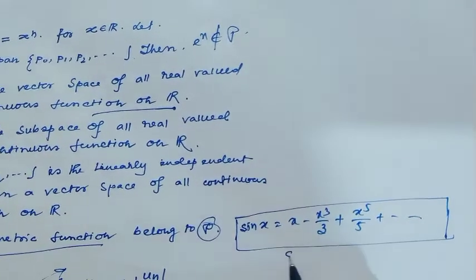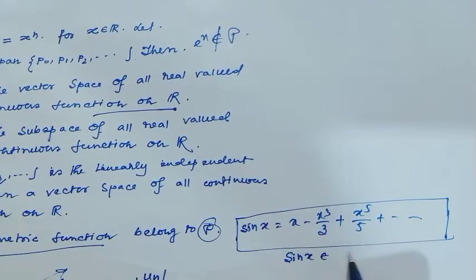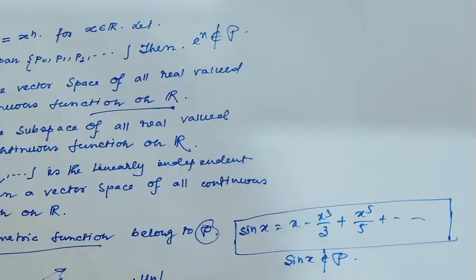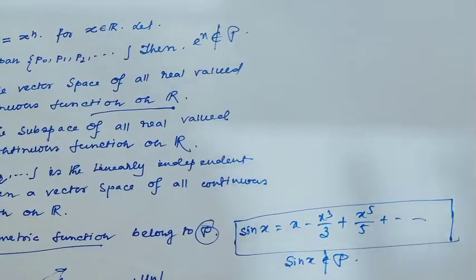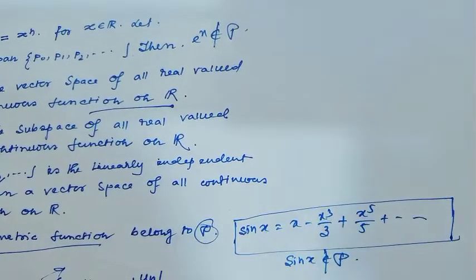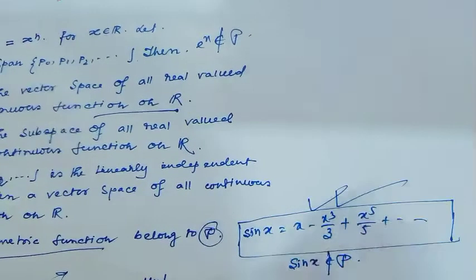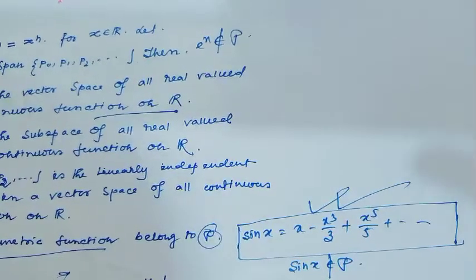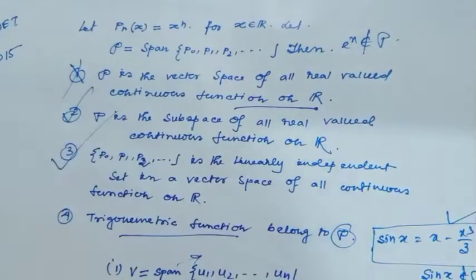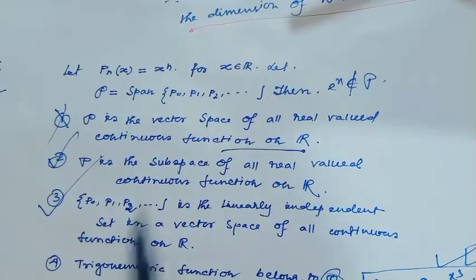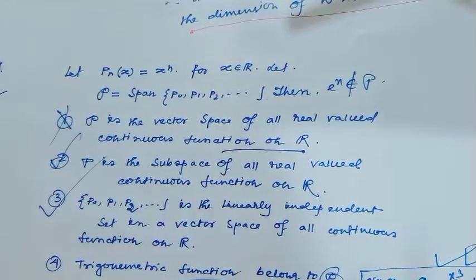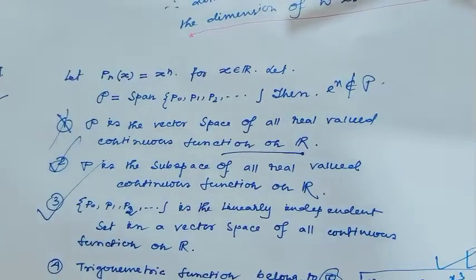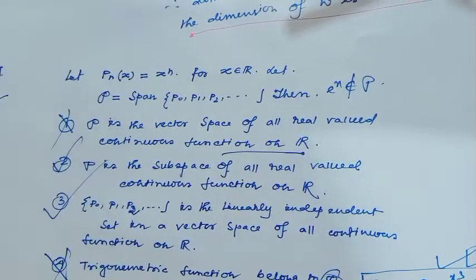So obviously sin x does not belong to the set P, because a spanning set always means a linear combination of a finite set, but this is an infinite sum. So as well as e to the power x, all trigonometric functions do not belong to this set. Only polynomial functions belong to this set. So this is a subspace. Also this set is linearly independent. Option 4 is a wrong option.